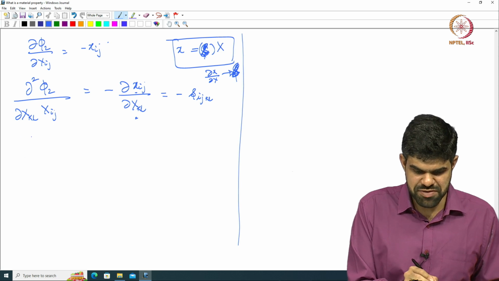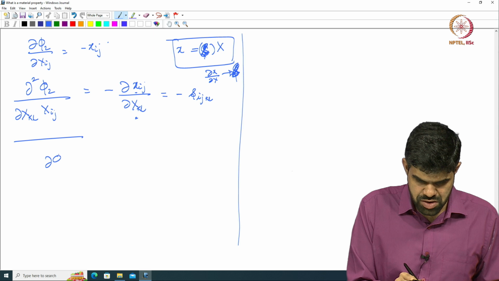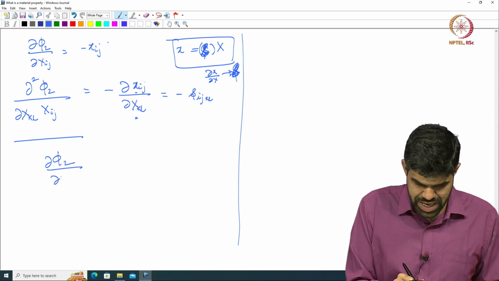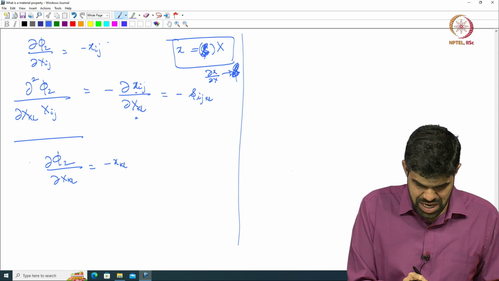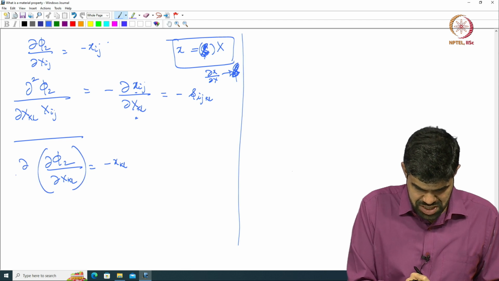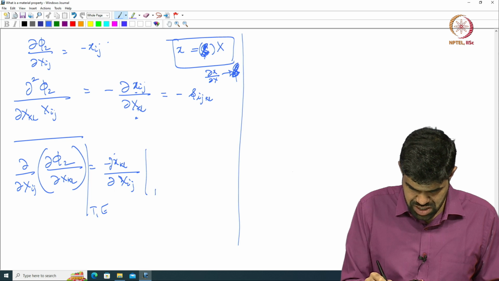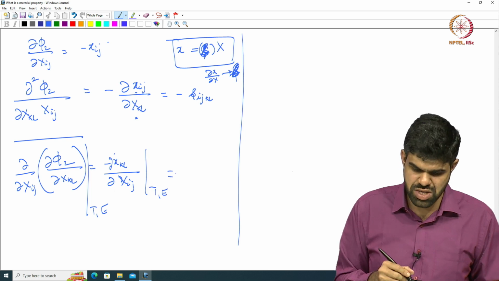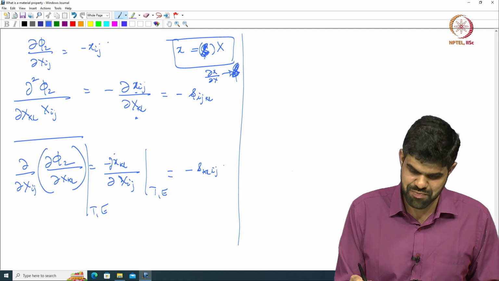Nothing prevents me from doing it the other way around, which is ∂φ2/∂xkl is minus xkl, and if I again take a second derivative of it with respect to xij, you know what are all constant, the temperature is constant, the electric field is constant, and that is equal to minus sklij, right.